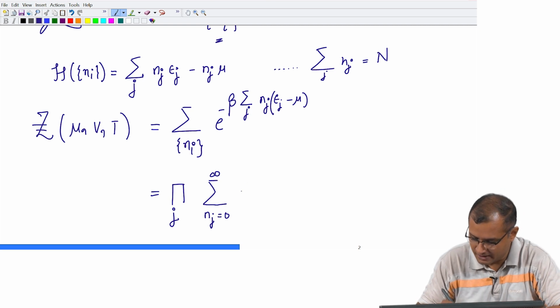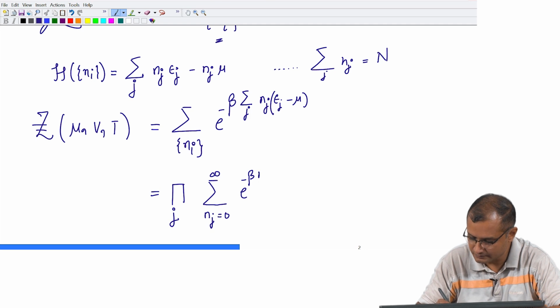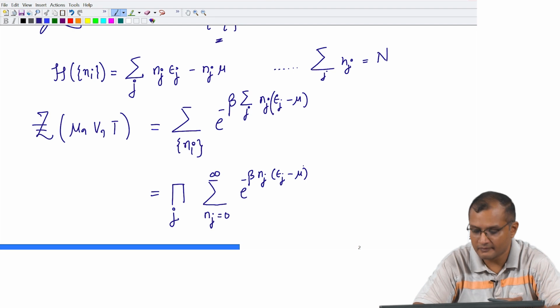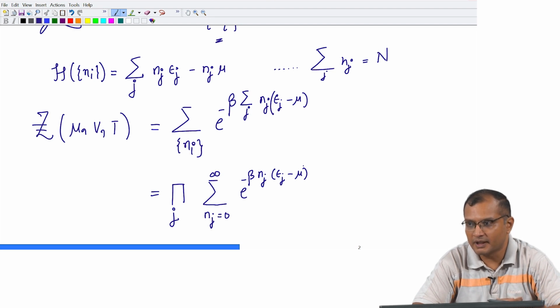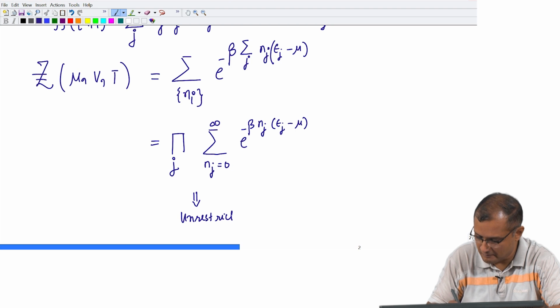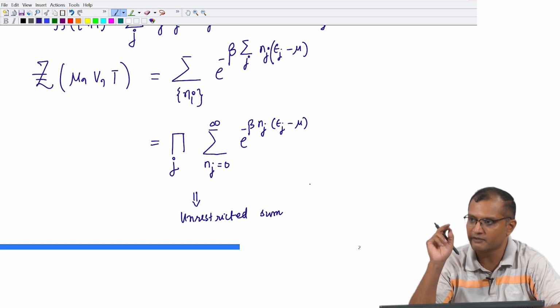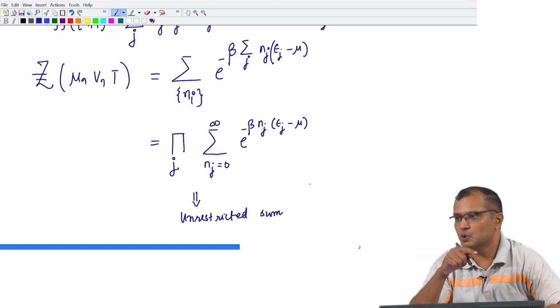And this will be e to the power minus beta. So, now you have no problem. This is now an unrestricted sum. I can take in each exponent my label going from 0 to infinity, which I could not do previously.